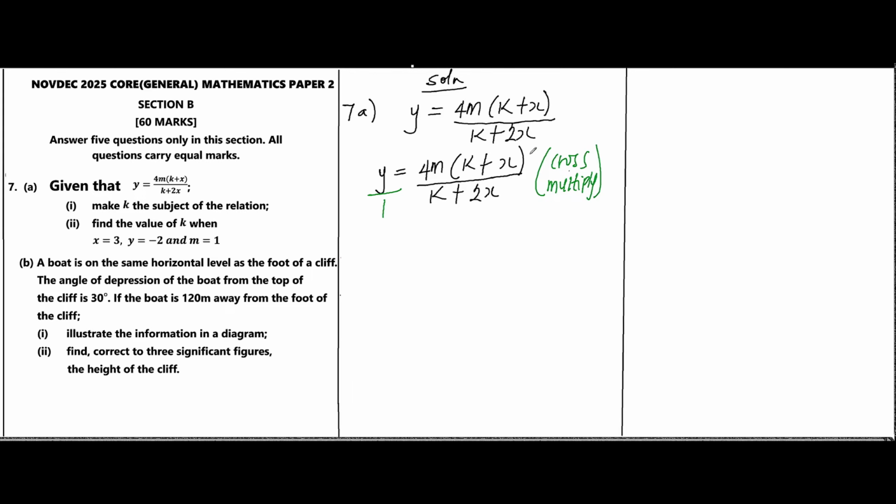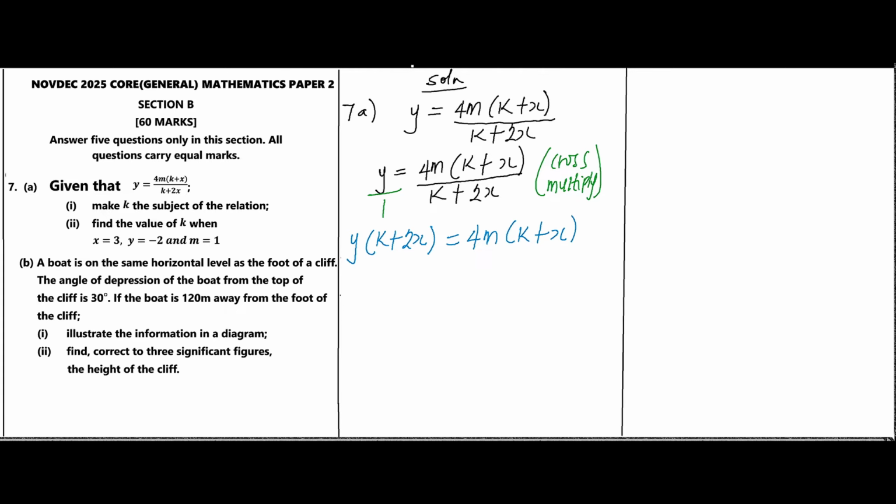So when we cross multiply, we have y multiplying the denominator. We have y multiplying k plus 2x. And this must be equal to 1 multiplying the whole of this expression. So giving 4m multiplying k plus x.